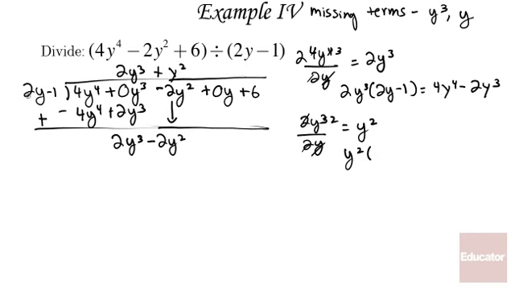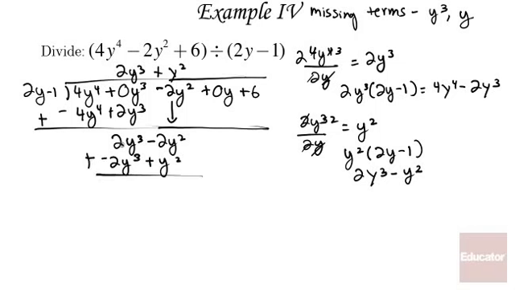Y squared times 2y minus 1 to give 2y squared minus y squared. Actually 2y cubed. Y squared times 2y is 2y cubed. Subtracting. I'm going to subtract this from right here. I'm subtracting all of this, so it's the same as adding the opposite. 2y cubed minus 2y cubed, those drop out.